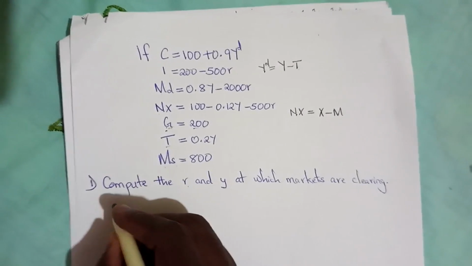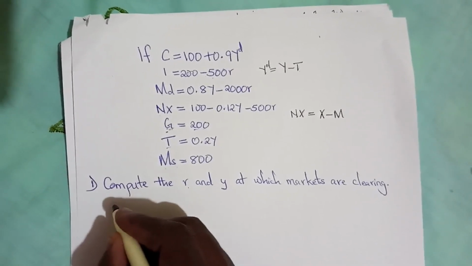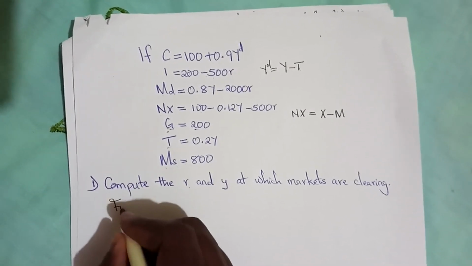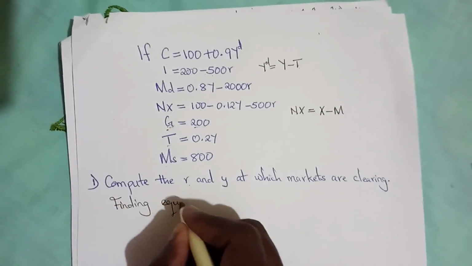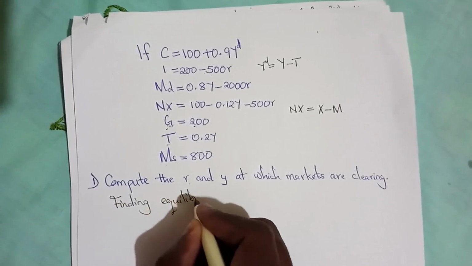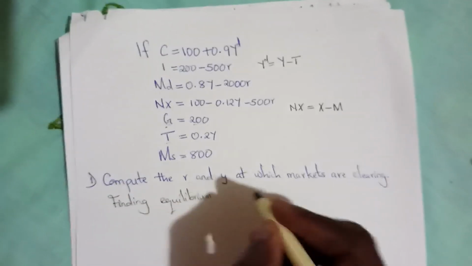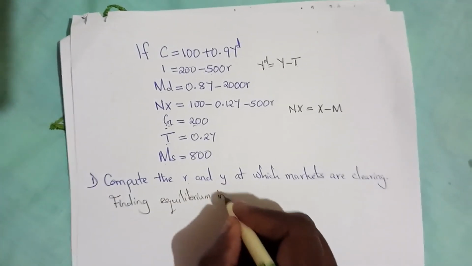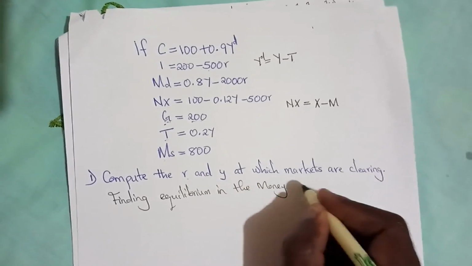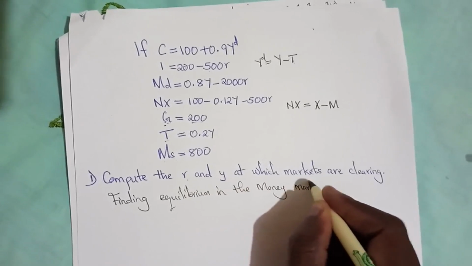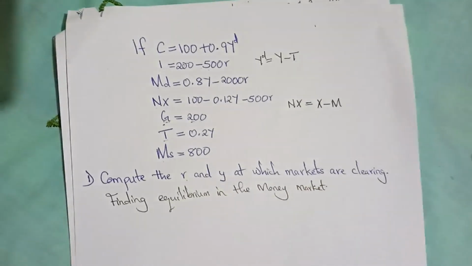The first step is finding equilibrium in the money market.